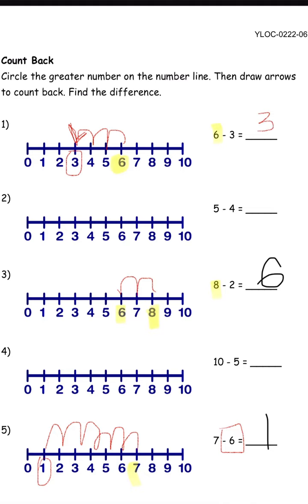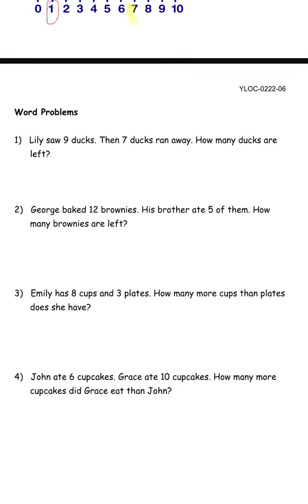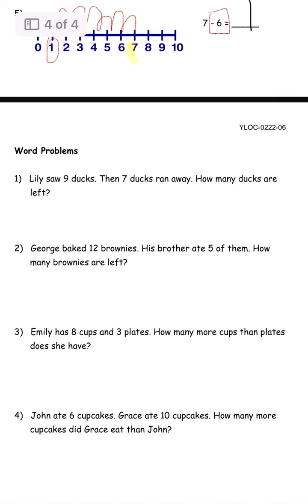Now, next page, we have word problems, as always. And number 1, Lily saw 9 ducks. Then 7 ducks ran away. How many ducks are left? So we have 1, 2, 3, 4, 5, 6, 7, 8, 9 ducks. And 7 ducks ran away. 1, 2, 3, 4, 5, 6, 7. Now, how many do we have left? 2 ducks.